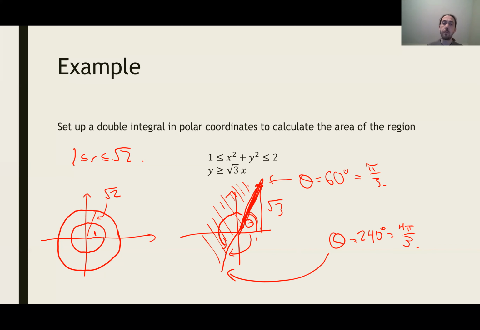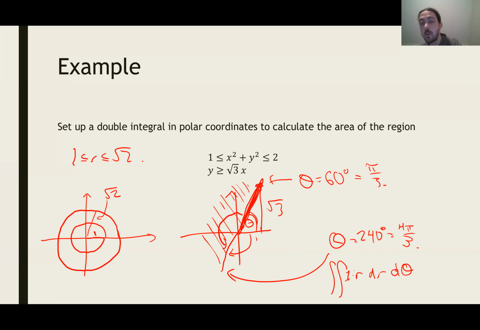So our double integral to calculate the area of this region would be a double integral of 1, usually in x and y coordinates, but in r and theta coordinates, it should be 1 times r d theta.